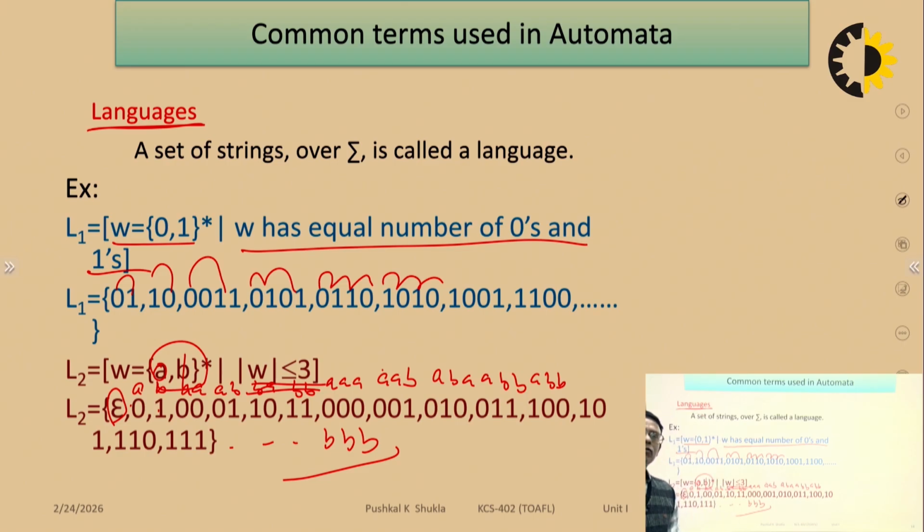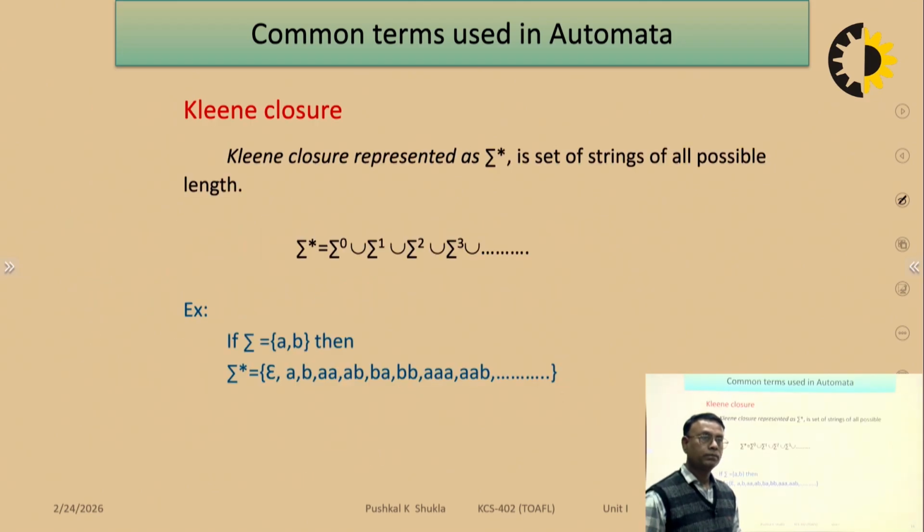Language is a set of strings over sigma. Then Kleene closure, represented by sigma star, is a set of strings of all possible lengths, including the empty string.